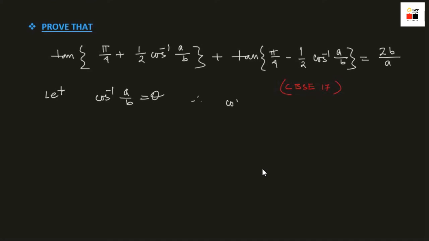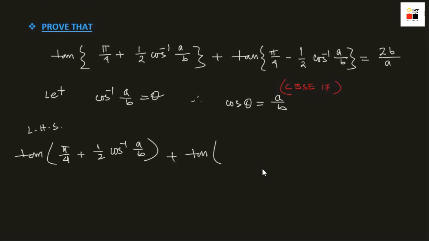Therefore, cos theta equals to a by b. Left hand side, tan of pi by 4 plus half cos inverse a by b plus tan of pi by 4 minus half cos inverse a by b.